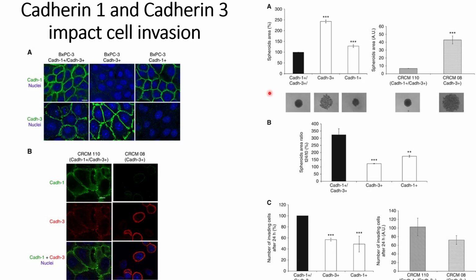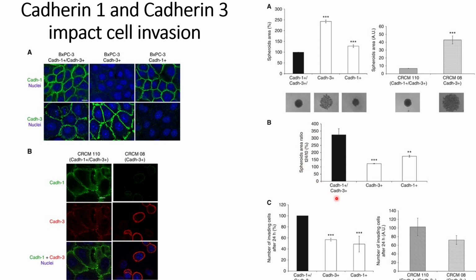After that, they also check the ratio of Cadherin-1 to Cadherin-3, the spheroid area ratio. In this case, they also use the spheroid experiment to check invasion. This spheroid experiment does not require cell-cell contact for proliferation.